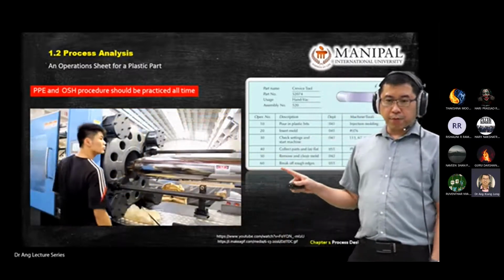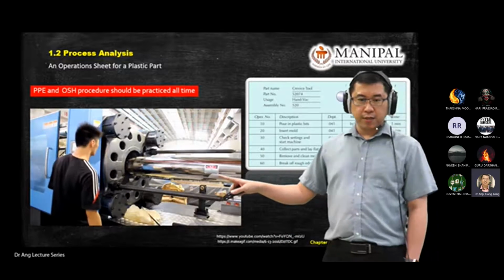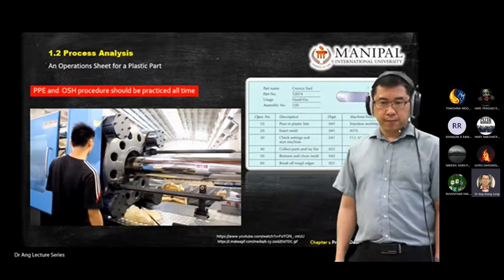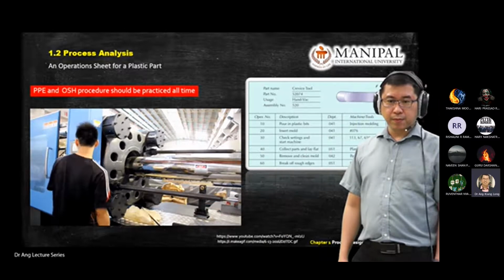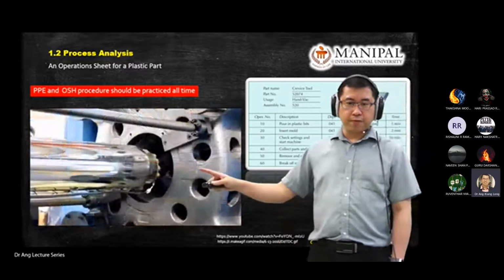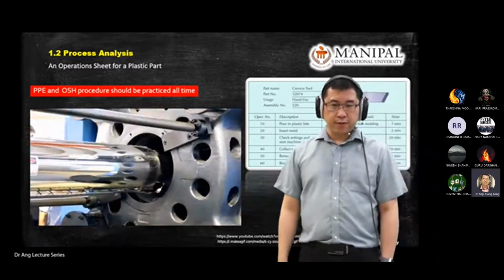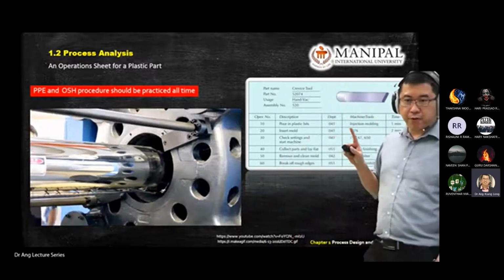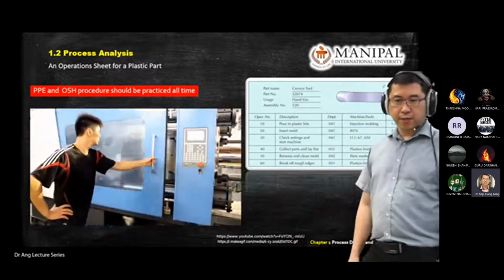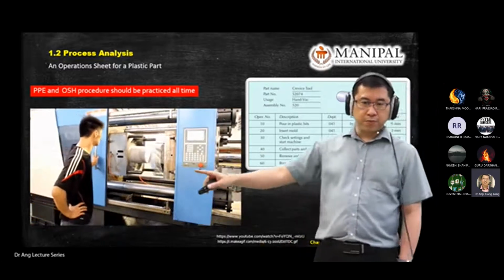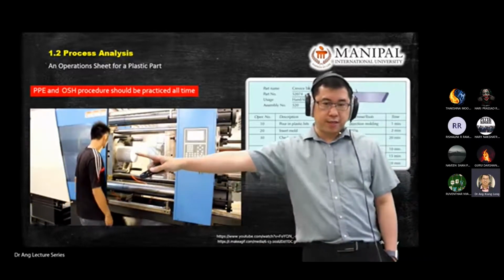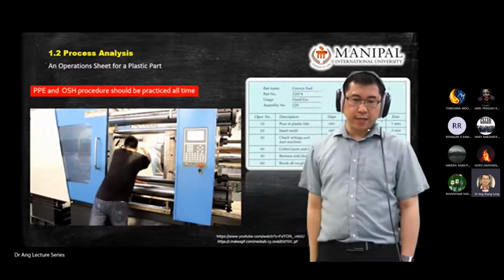So they put in the injector. Then you see it will stop for a while. So they'll calculate the time for each process. And this one is the finished product where they already injected the molten plastic there.